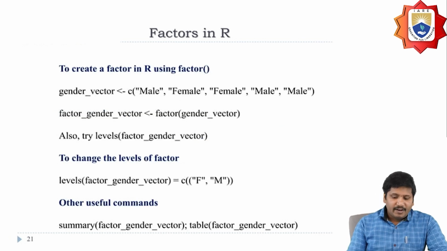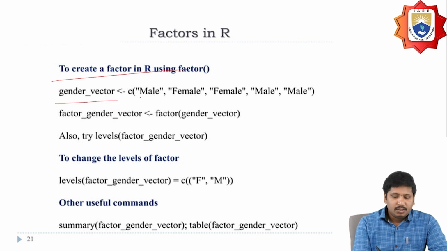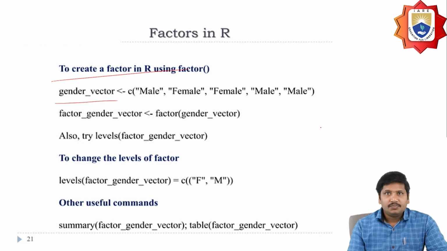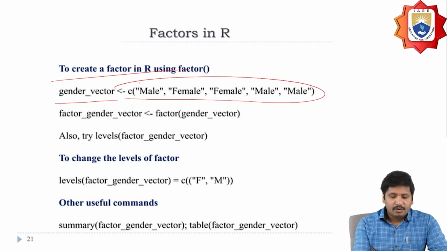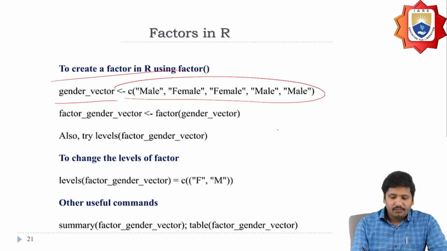To create a factor in R, we can make use of the factor function. In this factor function, I can write the gender vector, so I create a vector and write factor of gender vector.